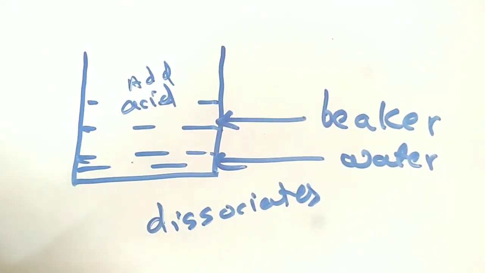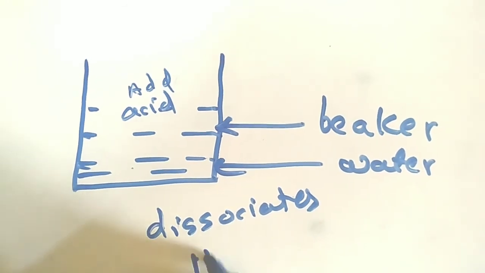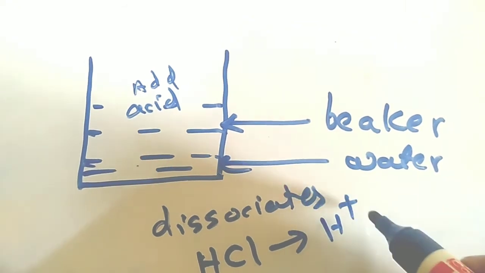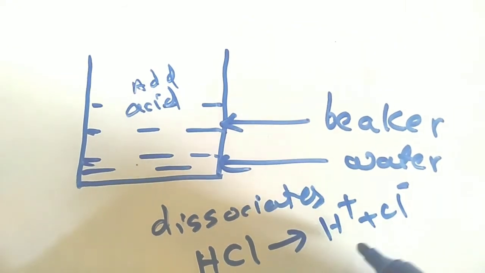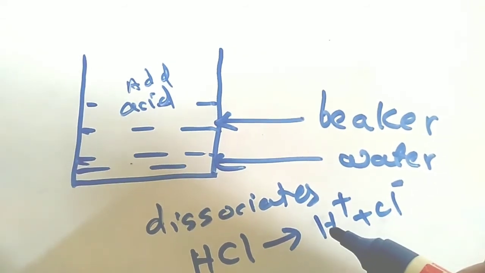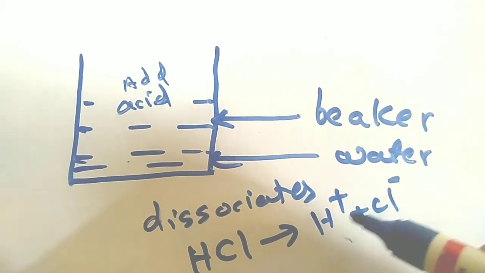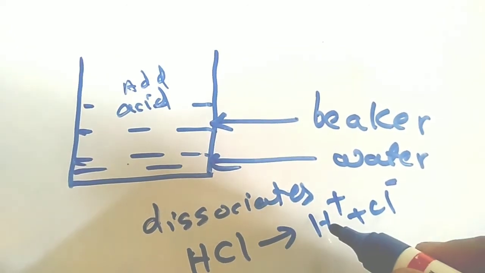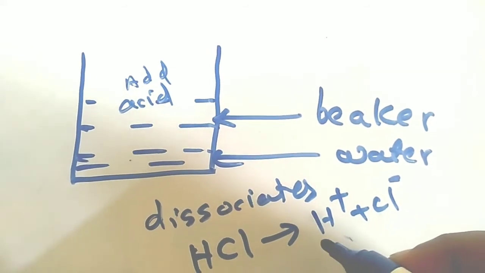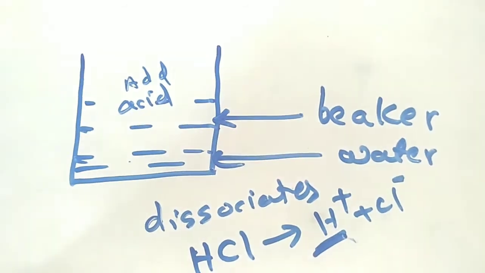It dissociates, means its constituents, this is hydrochloric acid, its constituents, that is hydrogen and chlorine, get separated from one another in the form of ions. So this acid dissociates, forming H plus and Cl minus ions. So the substance which gives out H plus ion is called an acid.